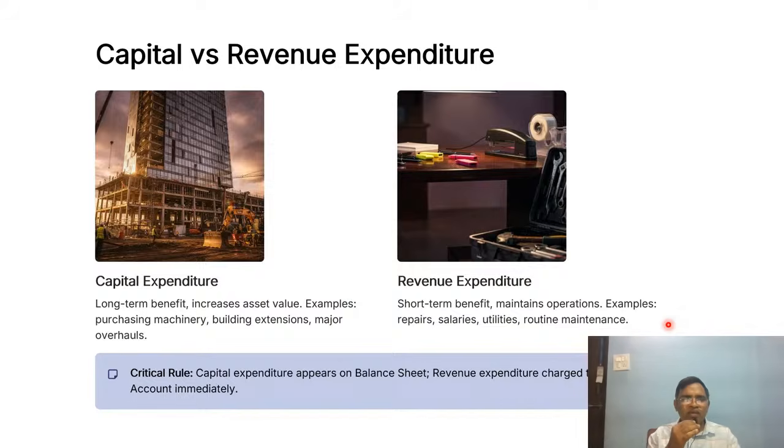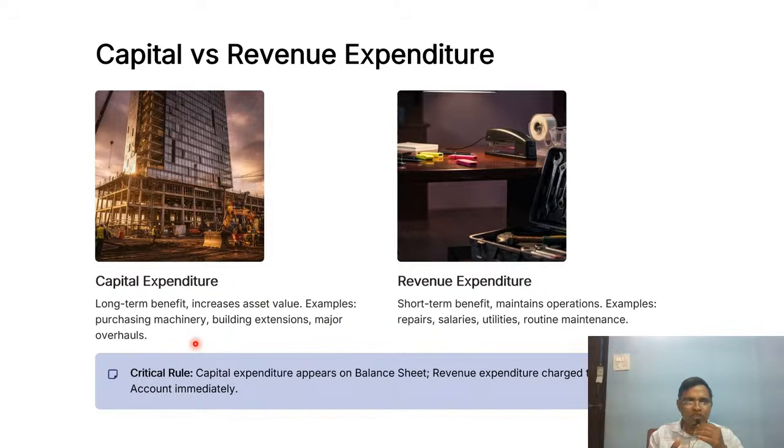It is for long term benefit and increases the asset value. For example, purchasing machinery is long term capital, we won't purchase it every day. Building extension and major overhauls, that means major repairs, also come under capital expenditure.